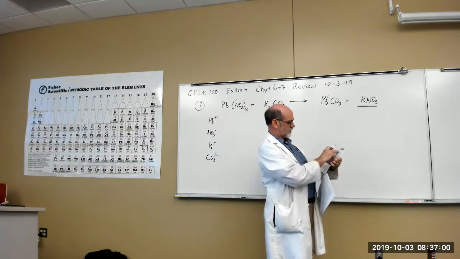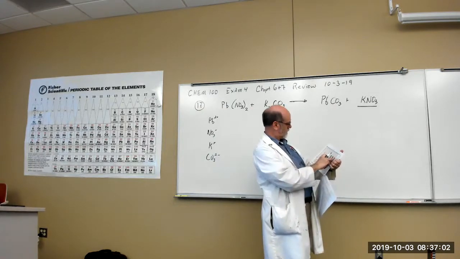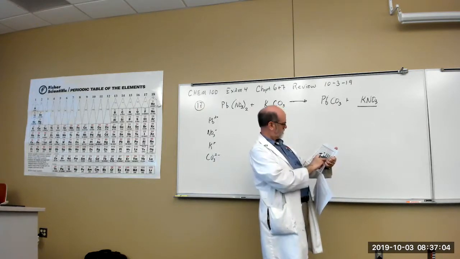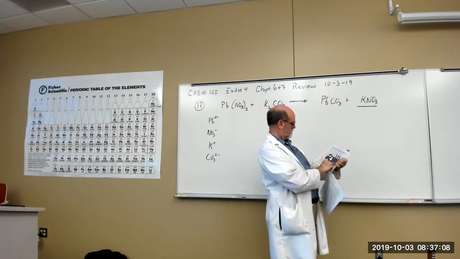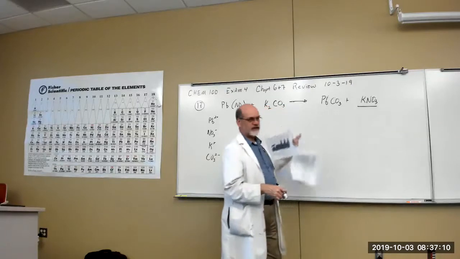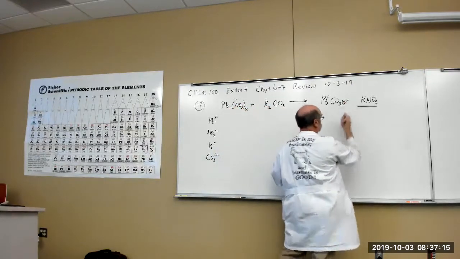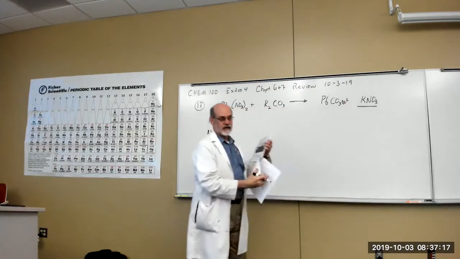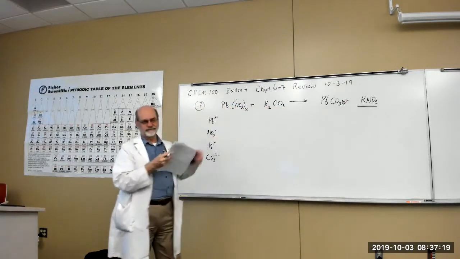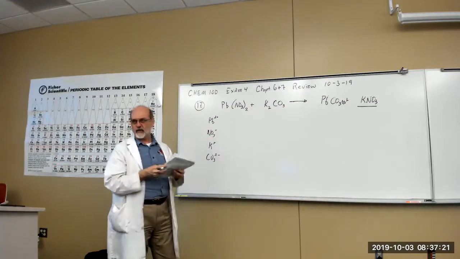So lead 2 plus is over here, follow it down to carbonate. Here's carbonate. Here it is. It's grayed out. That's insoluble. So you would mark it with an S for solid. Okay. If that were the question. But in this case, we're just balancing the equation.